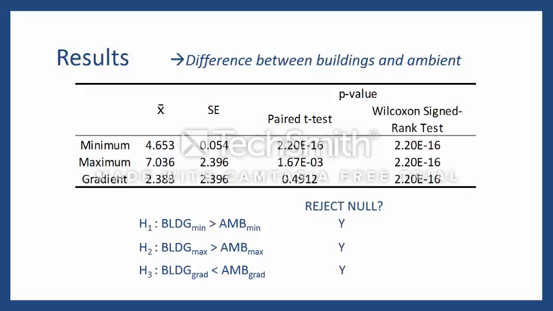So generally, we can say that there is evidence that buildings in the Smokies, at least the ones that I sampled, are generally warmer than ambient temperatures. And then that the temperature gradient within those buildings is smaller than the gradient of the temperature outside, or at least at those weather stations.